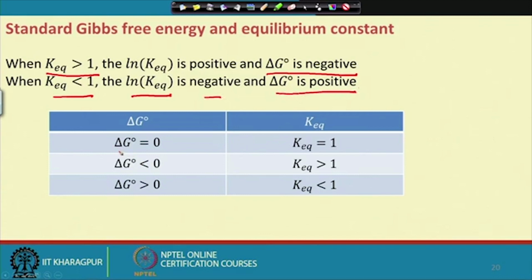So, if the standard free energy change is 0, then K equilibrium is 1. If del G is less than 0, then K is greater than 1, and when del G is greater than 0, that is positive, then K is less than 1. This is how there is a correlation between the Gibbs free energy change and the equilibrium constant.